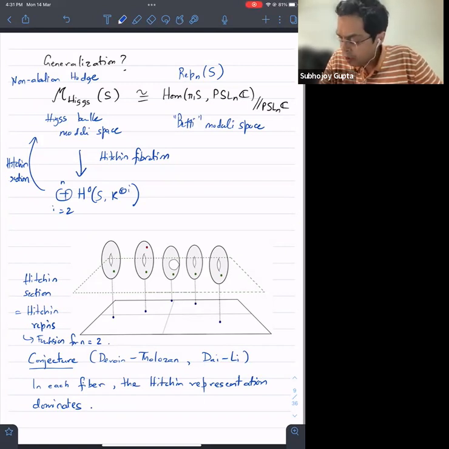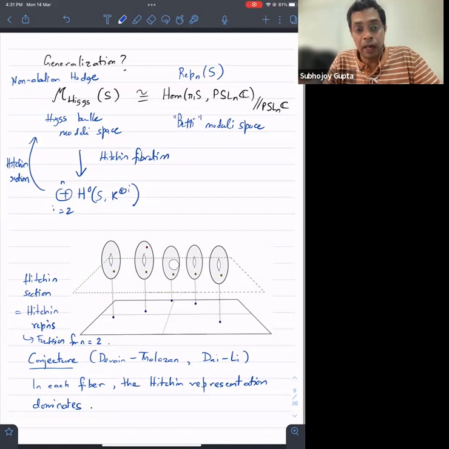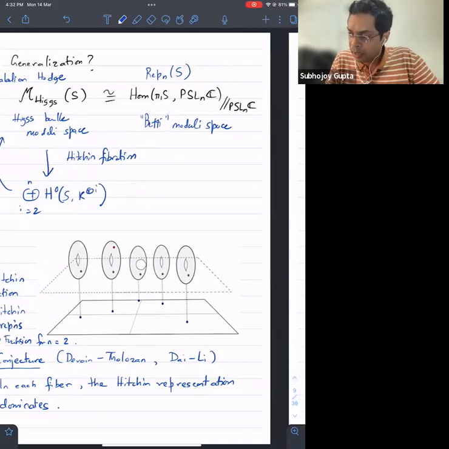Dai and Li have work which proves it for the n-Fuchsian fibers, the fibers which contain an n-Fuchsian representation. As I just mentioned, n-Fuchsian representations are special representations amongst the Hitchin ones, a smaller subset, typically of large codimension, but for them Dai and Li proved this conjecture, and otherwise it's completely open.